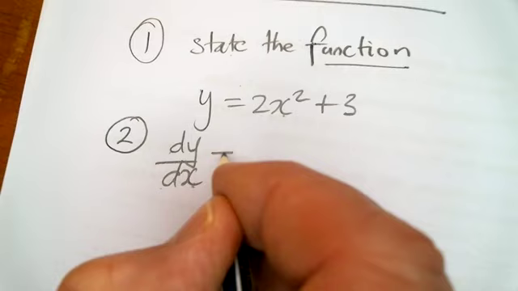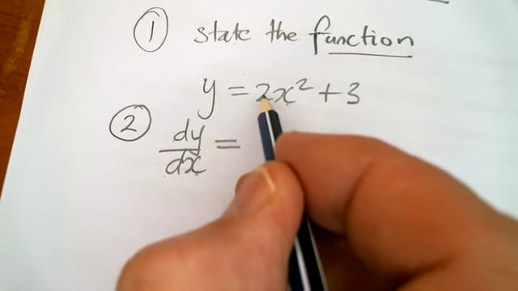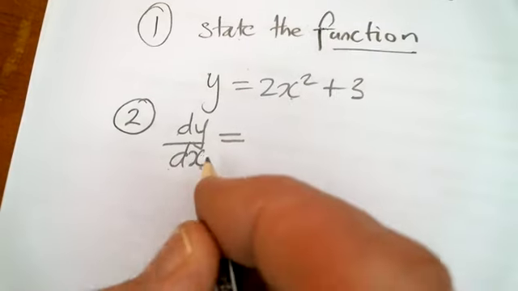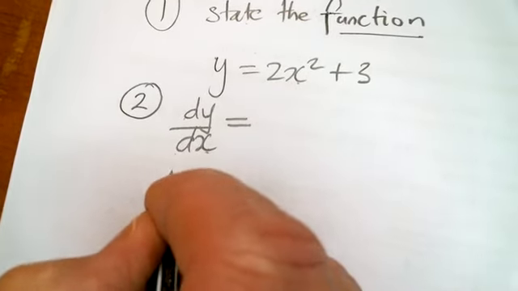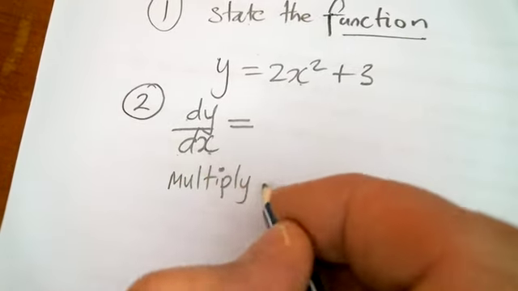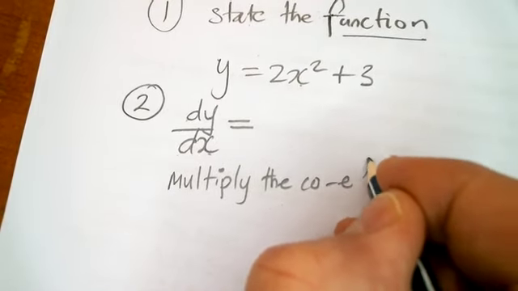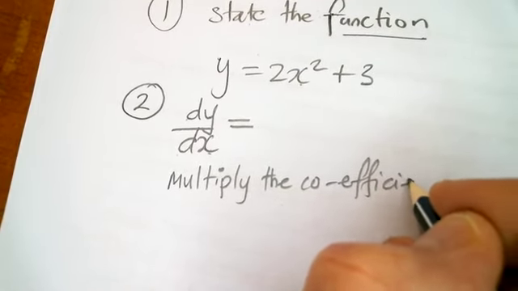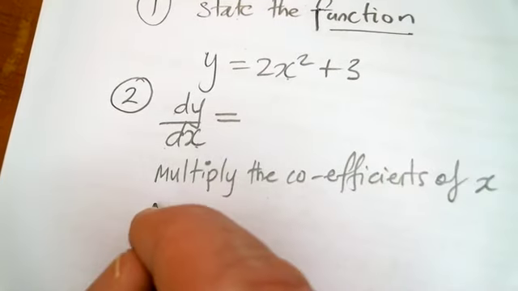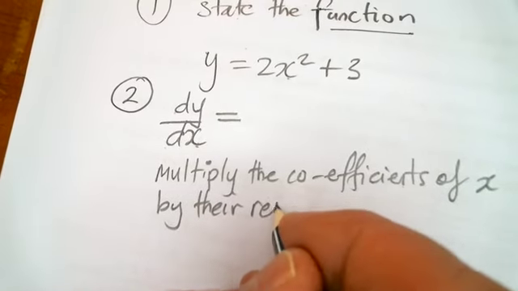So to do that, we take the coefficient of the x and multiply it by the power. So multiply the coefficients of x by their respective powers.